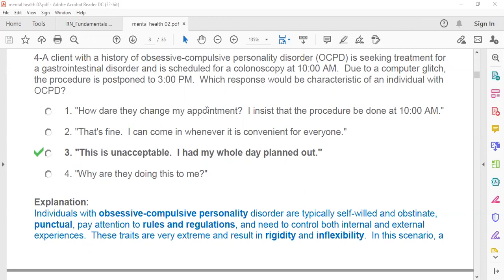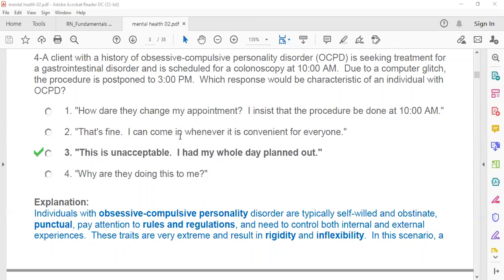Because narcissistic personality disorder patients are very arrogant, need constant admiration, everybody should admire them, they like it, and they lack empathy towards others, sometimes grandiosity. So it is not the nature of an obsessive compulsive patient. This nature is better matched with narcissistic personality disorder.